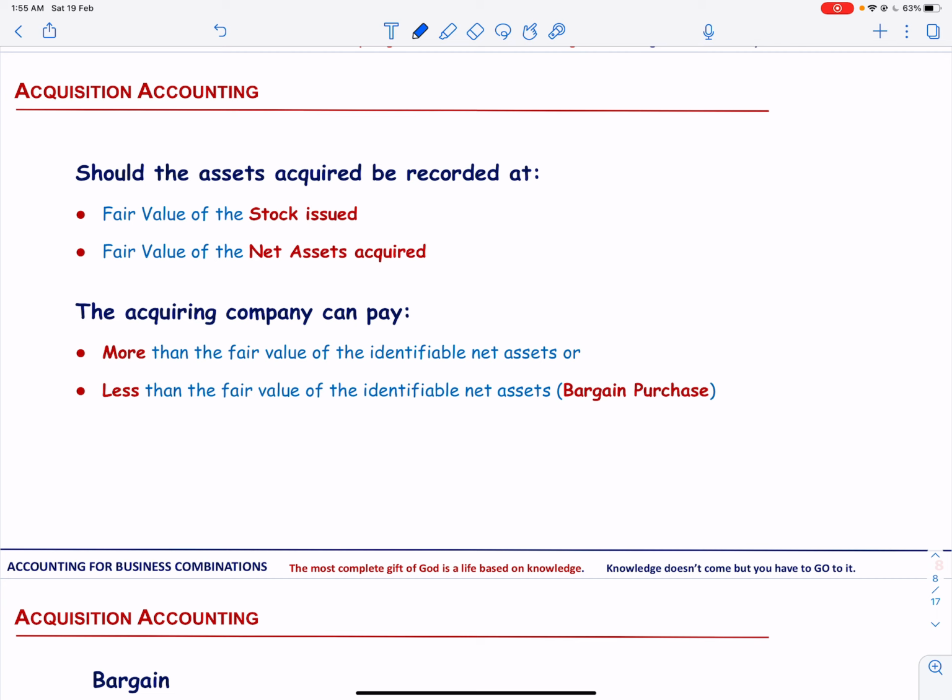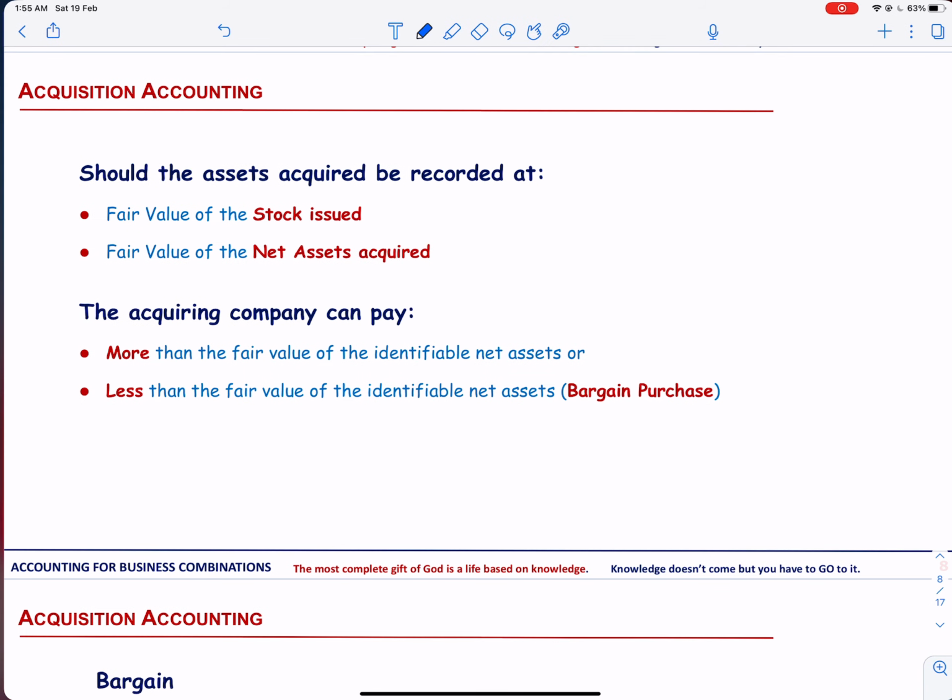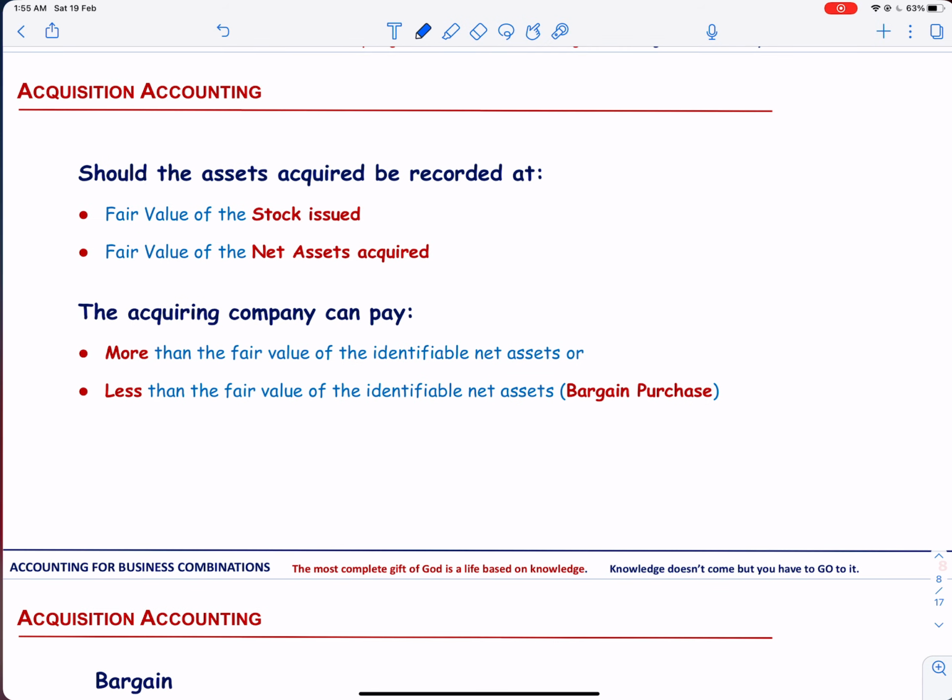If the company pays more than the identifiable assets acquired, including intangibles other than goodwill, and liabilities, then the excess amount paid will be recorded as goodwill, as FASB is of the opinion that goodwill cannot be measured directly and is the balancing amount. Please also note that goodwill should not be amortized but should be impaired. We will talk about goodwill impairment in the next video.